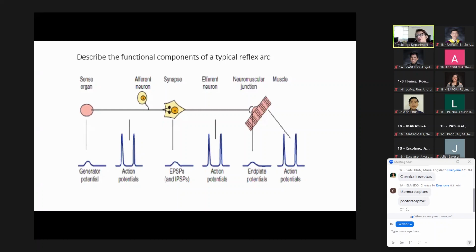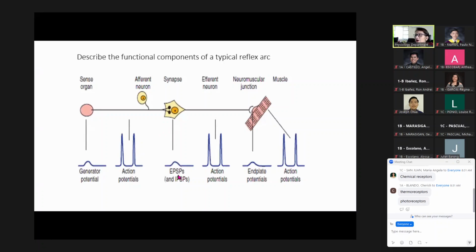Okay, so the action potentials are now conducted towards the center. Ito na, so you have the synapse here. Okay, so this is the integrating center. So your integrating center will be in the CNS. And this is where we have our EPSPs and our IPSPs, if you remember.